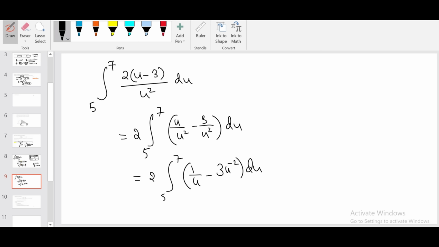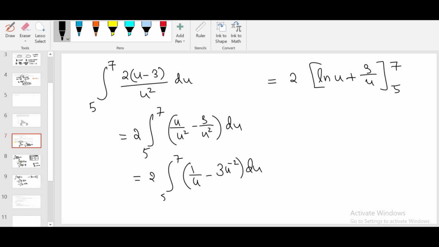Now integrate it. You will get ln u minus, this becomes u to the power minus 1 over minus 1, so it becomes plus 3 over u. The limits are 5 to 7.